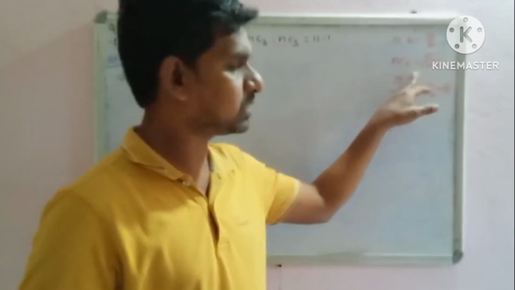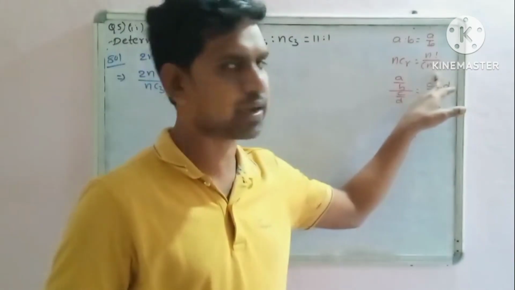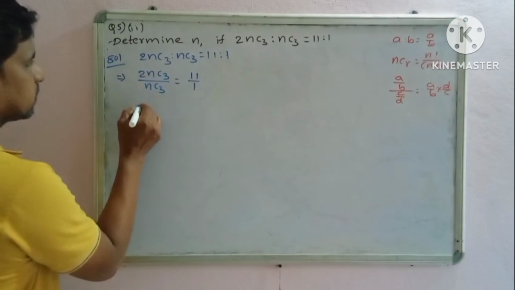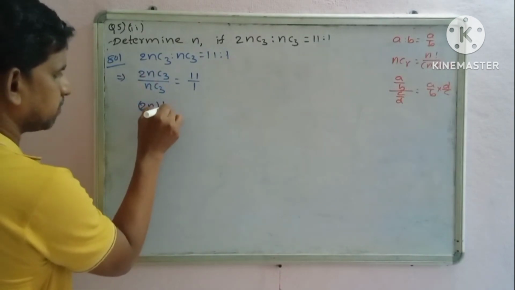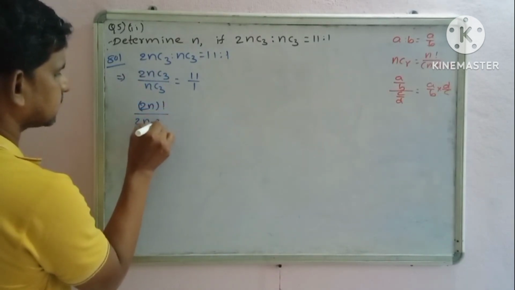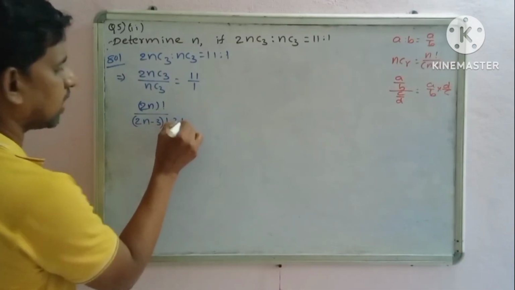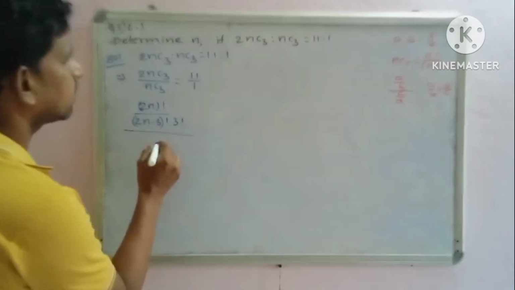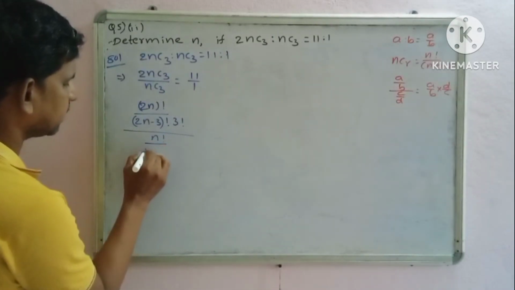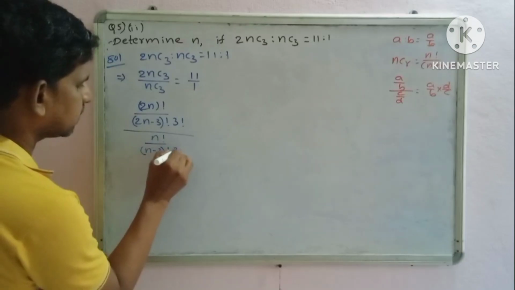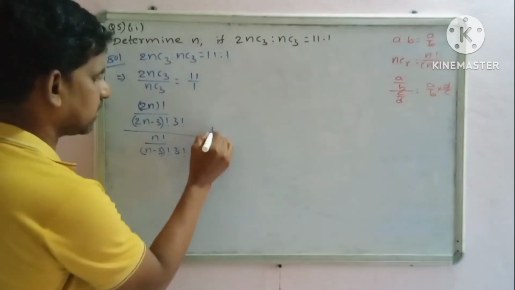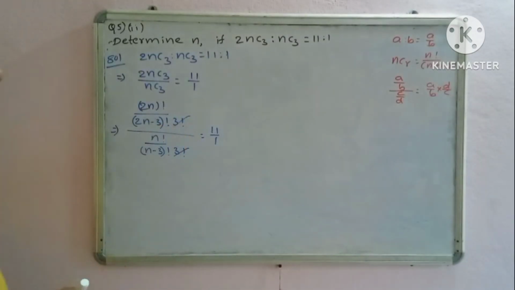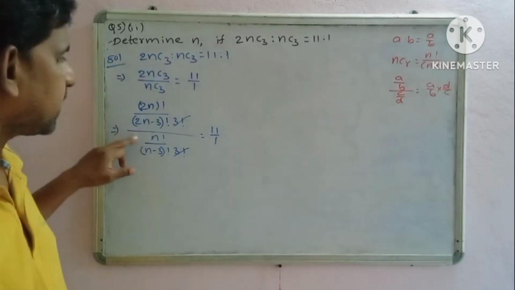So what is the formula of nCr? n factorial by n minus r factorial into r factorial. See this one, 2nC3. So n factorial by n minus r factorial into r factorial by, this is also nCr, n factorial by n minus r factorial into r factorial equals 11 by 1. 3 factorial gets cancelled.